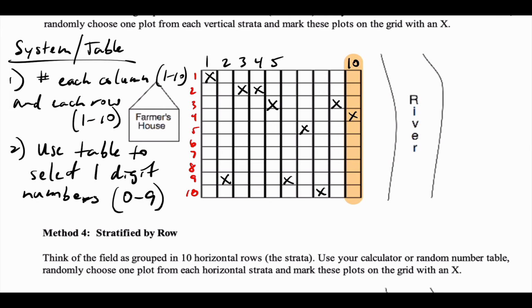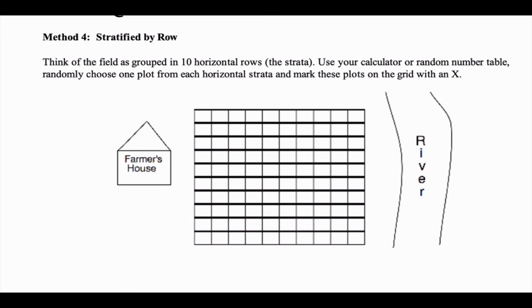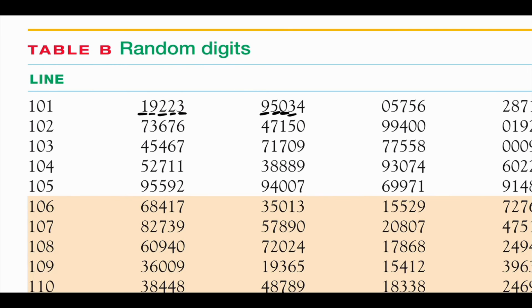Okay, so now what I want you to do is the same thing, except now instead of stratifying by column, you're going to stratify by row. I want you guys to do that one on your own. Use the table. Use where we left off. We left off on 4, so use the table after 4.